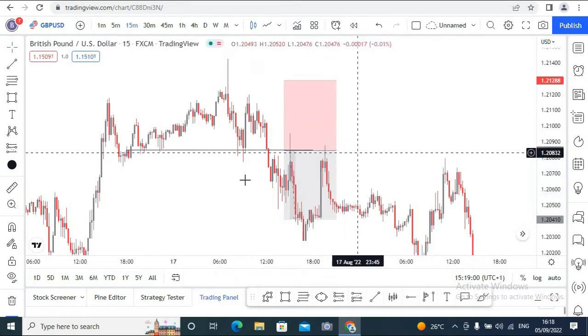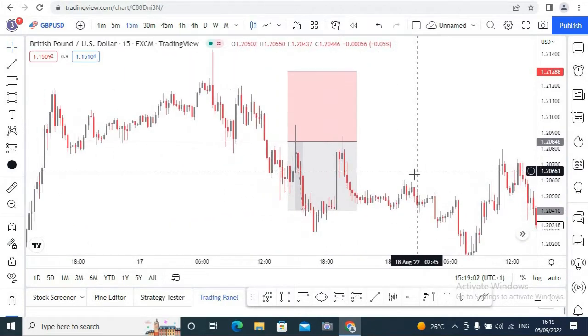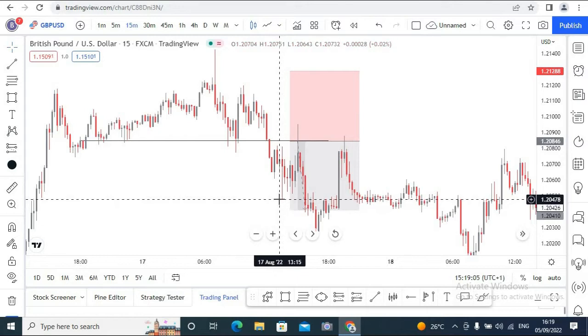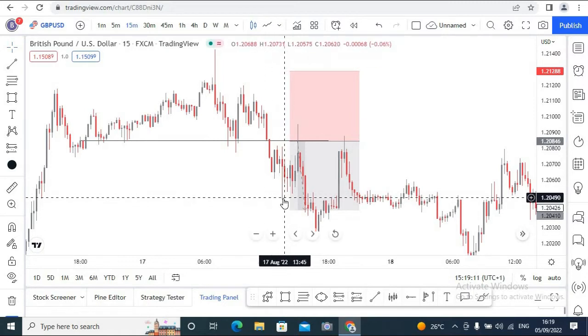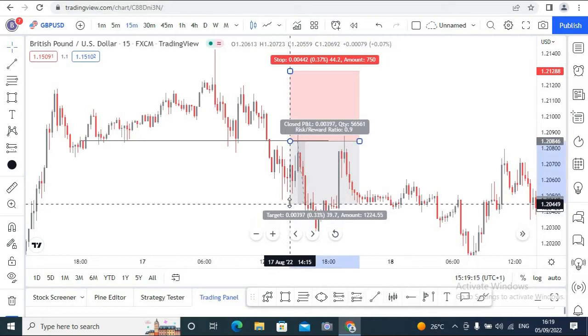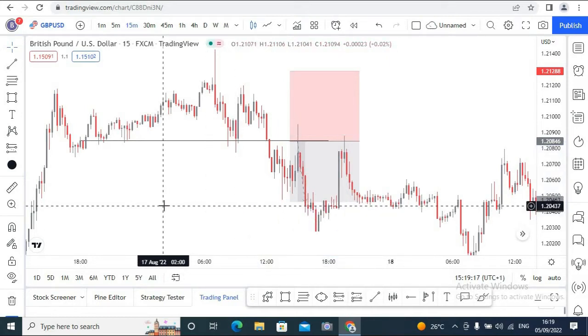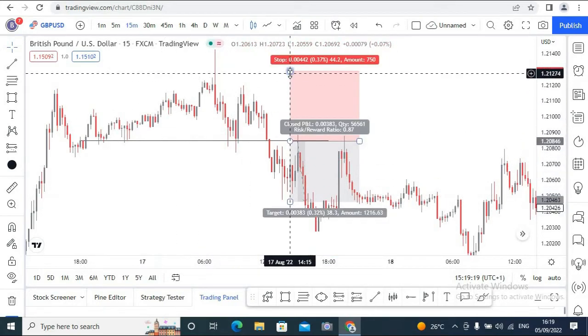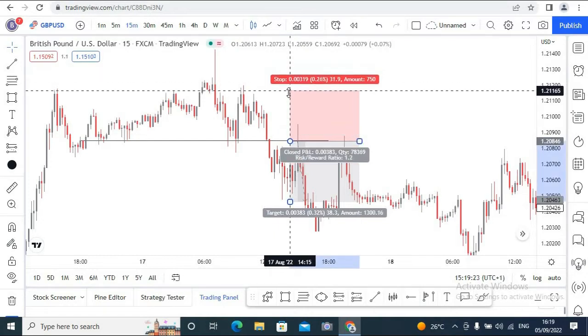And the first thing which you have to understand, the first take profit is going to be the first lower low or the first higher low. So as you can see here, we do have this lower low. So this was going to be our first take profit, something like this. And then on your SL, you're going to use the maximum of 30 pips, right?